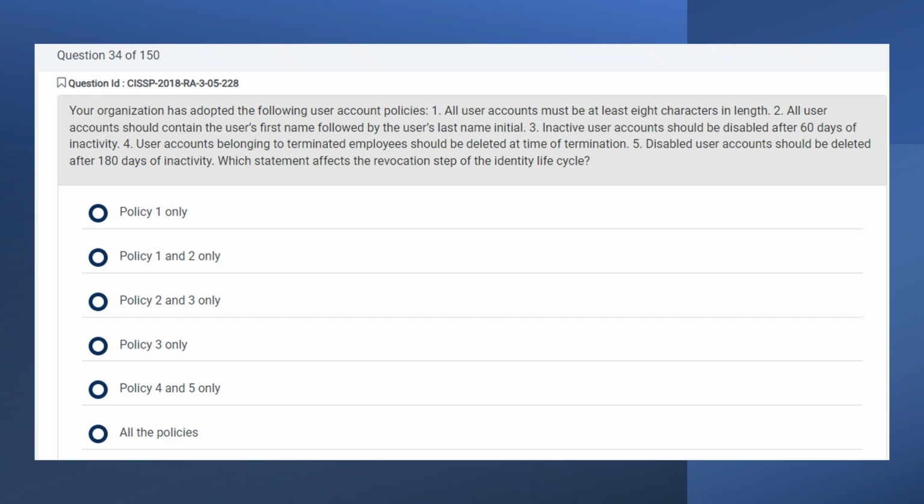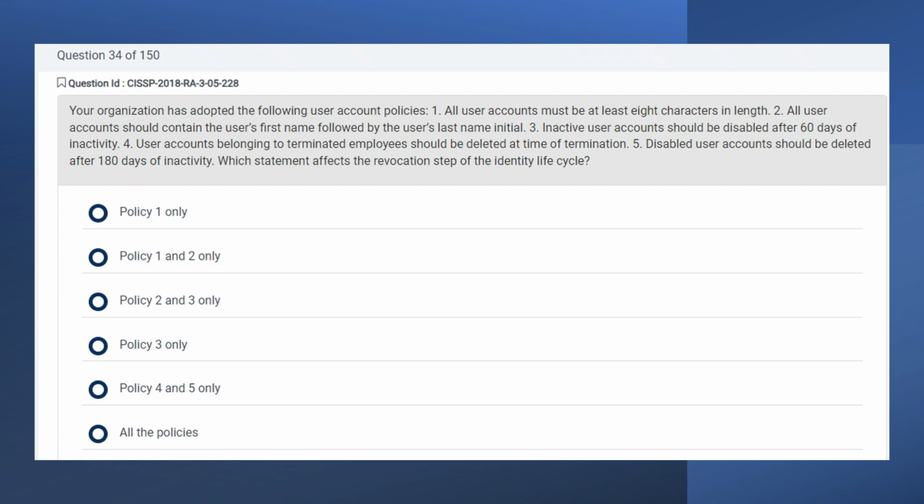Question 34. Your organization has adopted the following user account policies. 1. All user accounts must be at least 8 characters in length. 2. All user accounts should contain the user's first name followed by the user's last name initial. 3. Inactive user accounts should be disabled after 60 days of inactivity. 4. User accounts belonging to terminated employees should be deleted at time of termination. 6.